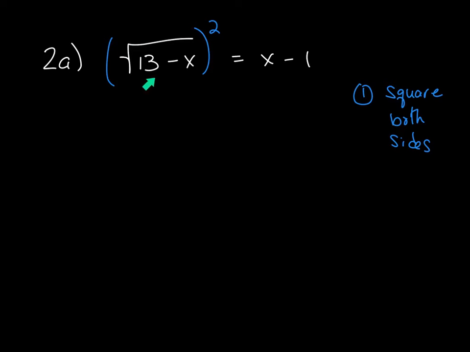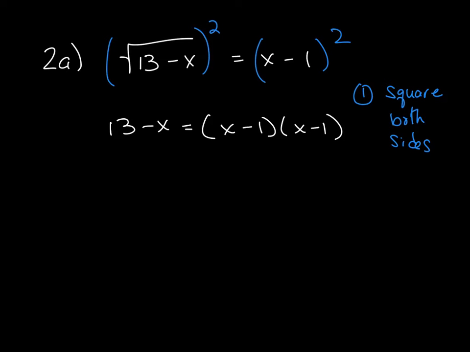Whenever the entire radical is being squared, it just equals everything that is underneath it. So all of this over here on this side is just equal to 13 minus x. But when I square this side over here, that means you have to write it out twice and FOIL it.